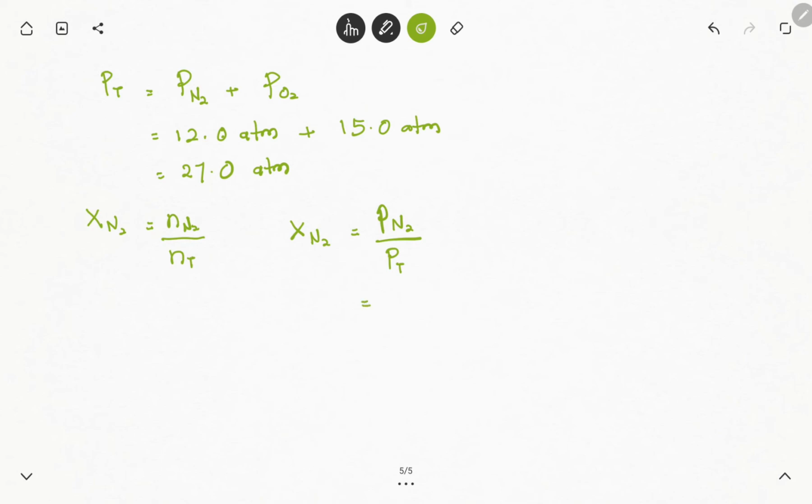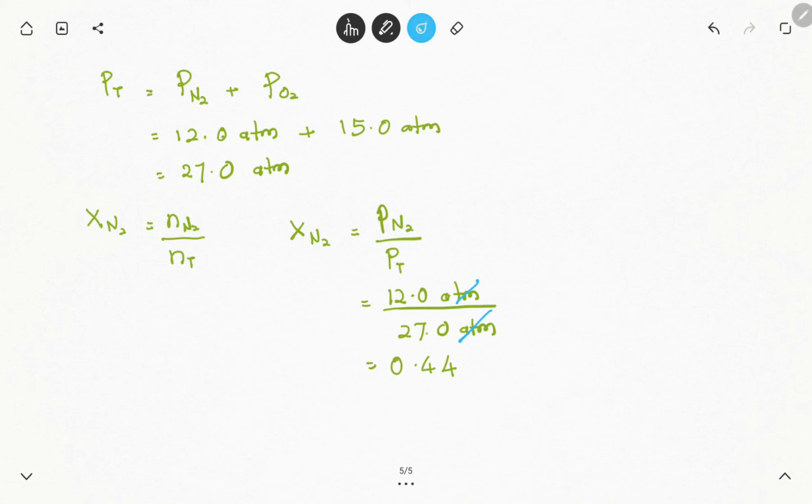The partial pressure of nitrogen gas is 12 atm and P total is 27 atm, so the mole fraction for nitrogen gas is 0.44. We cancel out the unit atm, so mole fraction does not have a unit.